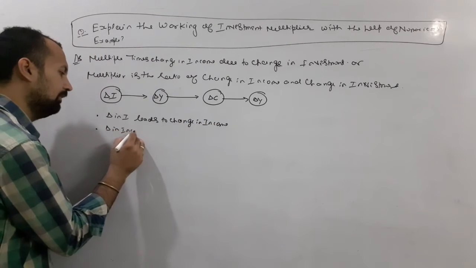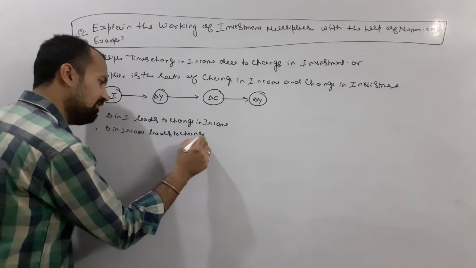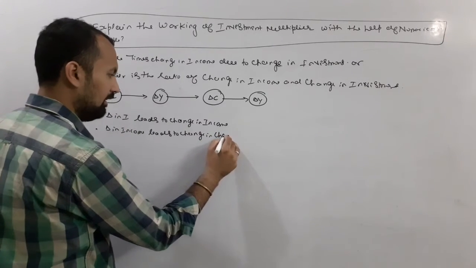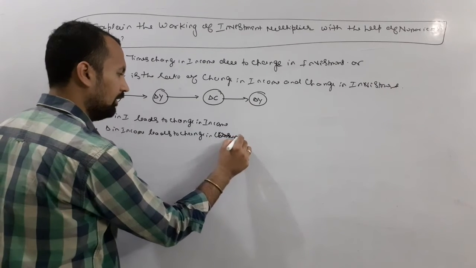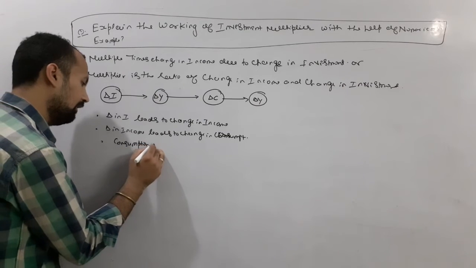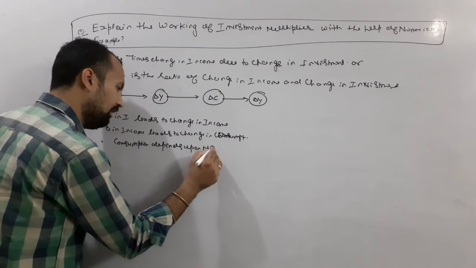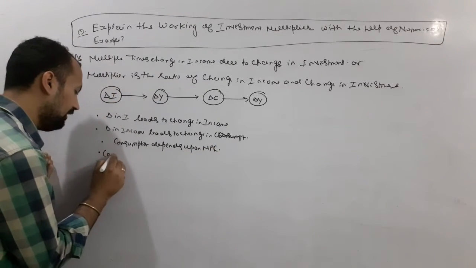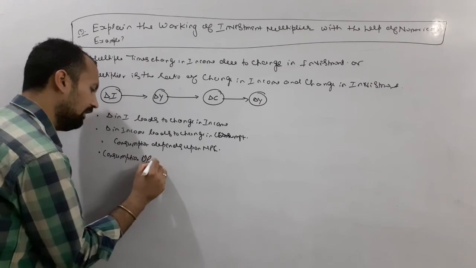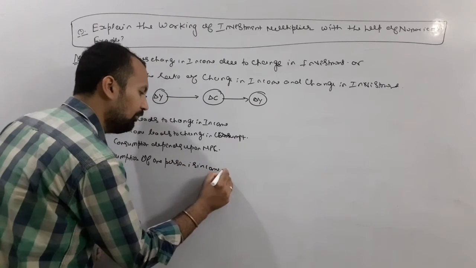Change in income leads to change in consumption. Consumption depends upon the MPC, and consumption of one person is income for the other. Consumption of one person is income for the other.